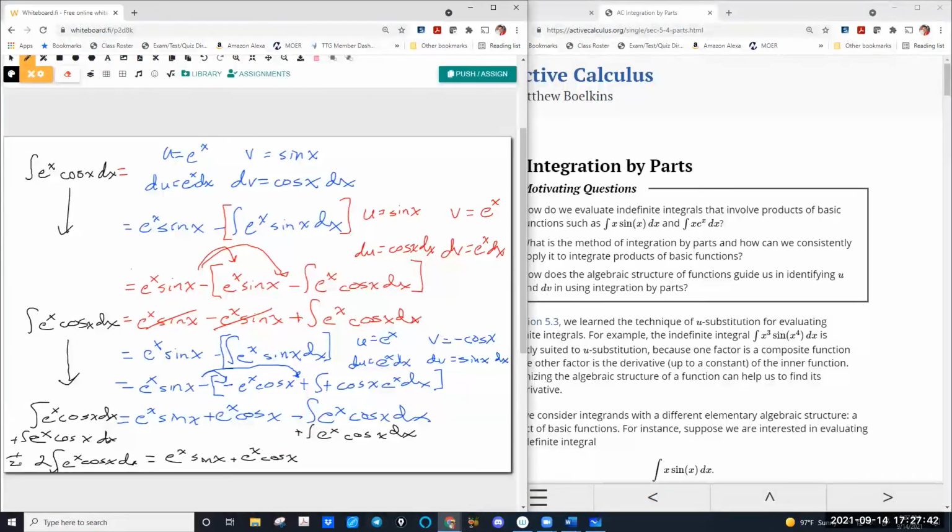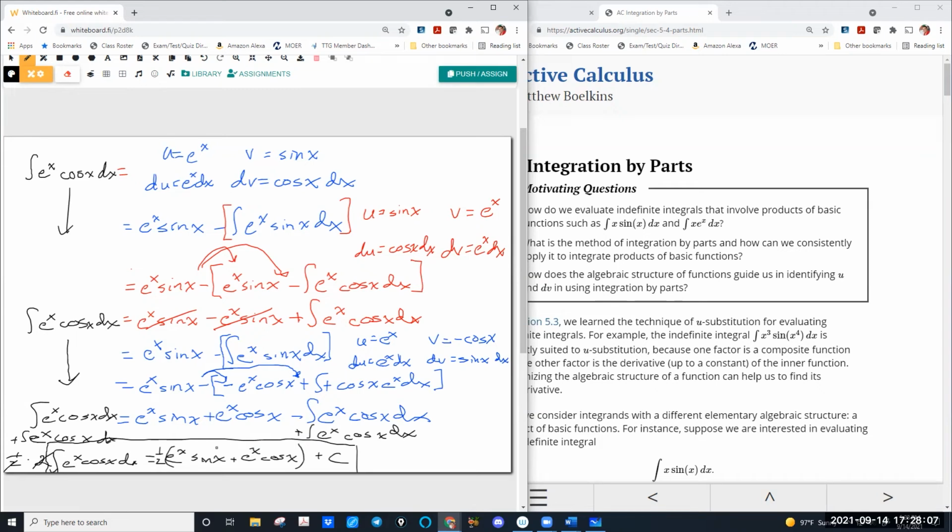I'm going to multiply both sides by 1/2. Those cancel. And now I've got my answer. Put on a plus c because it's an indefinite integral. But we have actually solved for the antiderivative of e to the x cosine x dx.